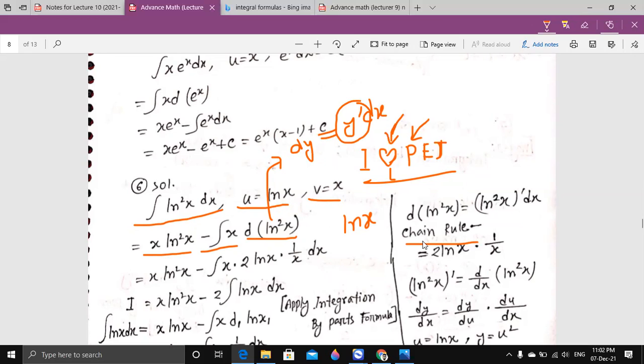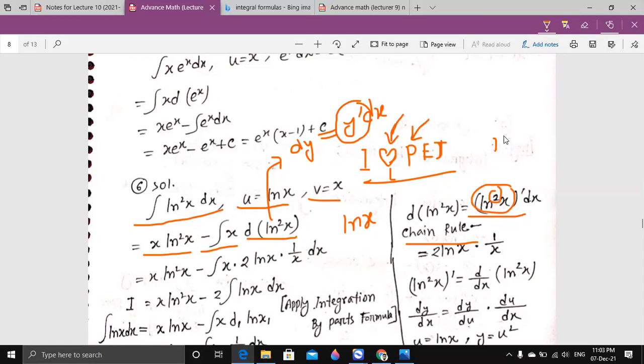So y is ln squared x. We have the ln squared x derivative, so we have to use the chain rule, because we don't know how to calculate ln squared x. The chain rule is outside function, inside function. Guys, remember, outside inside function. The outside function is the square.